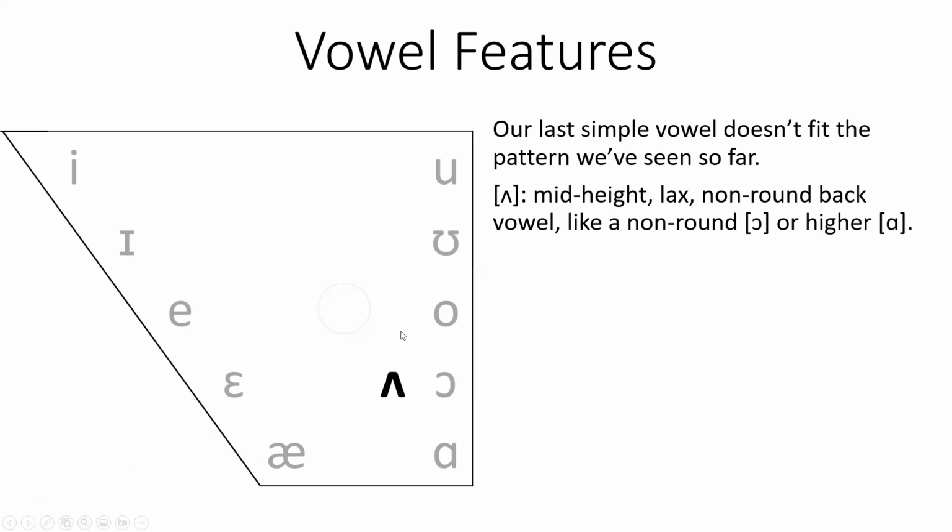It is mid-height, lax, and non-round. So it's similar to aw, but it's not round. If you say an aw without rounding your lips, you'll get it. That sounds a little bit wrong, doesn't it? Or if you say an ah a little bit higher, that's pretty close. The fact of the matter is, it's hard to define. It is definitely not round.